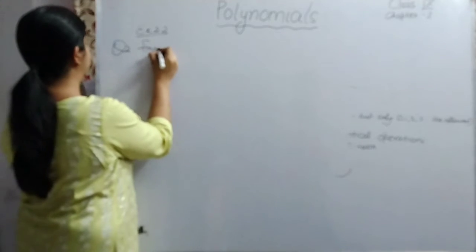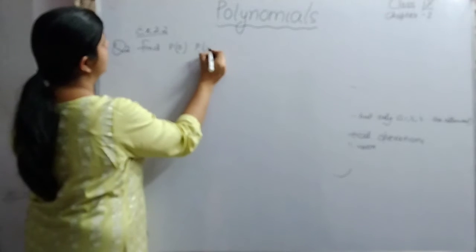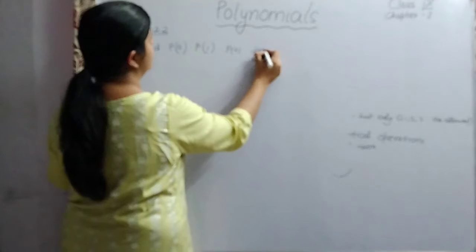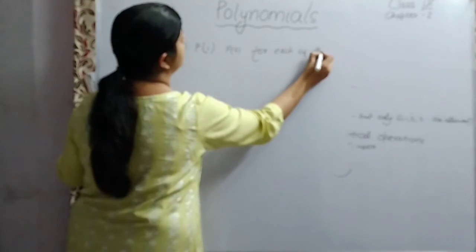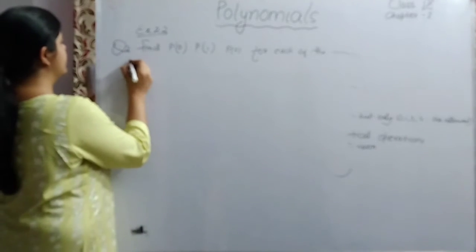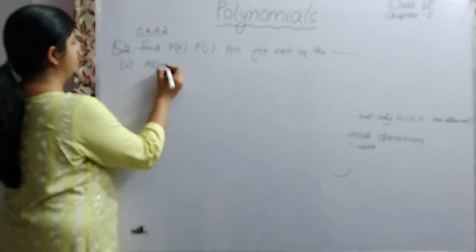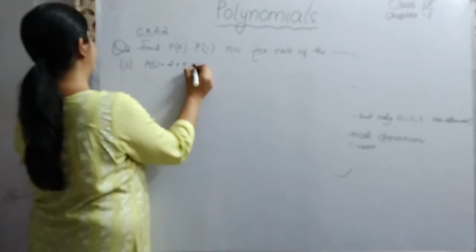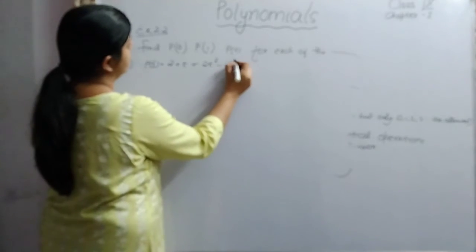Find p(0), p(1), p(2) for each of the following. The equation is p(t) = 2 plus t plus 2t square minus t cube.